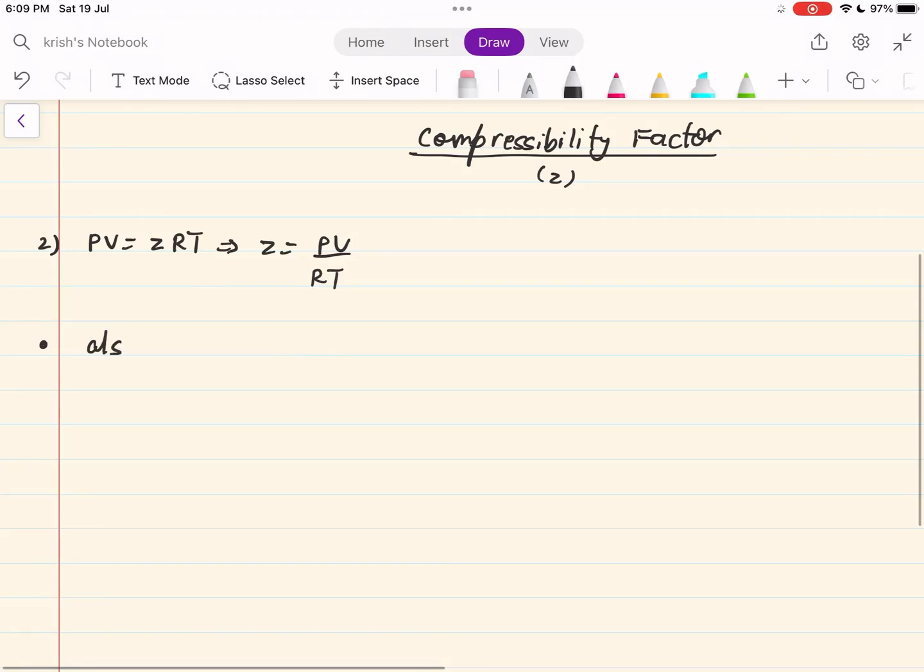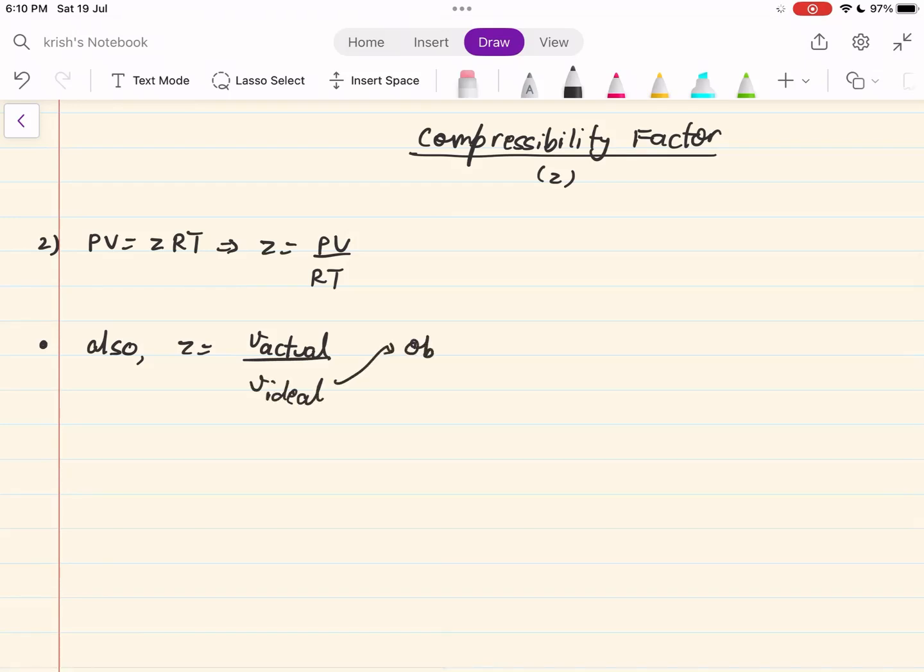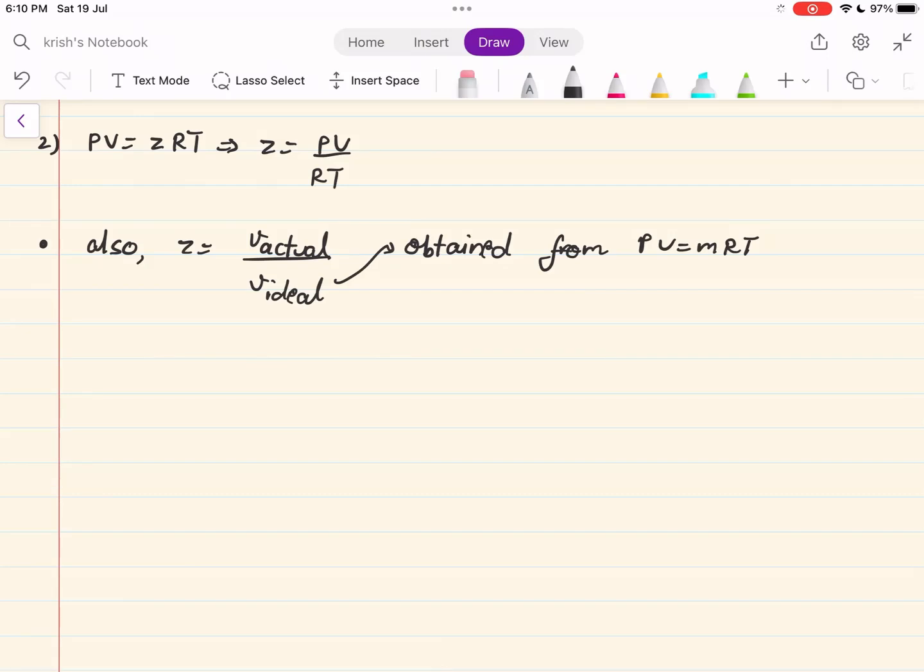Also, Z equals V actual by V ideal. This V ideal is obtained from the earlier equation, PV equals mRT. So this is the definition of compressibility factor.